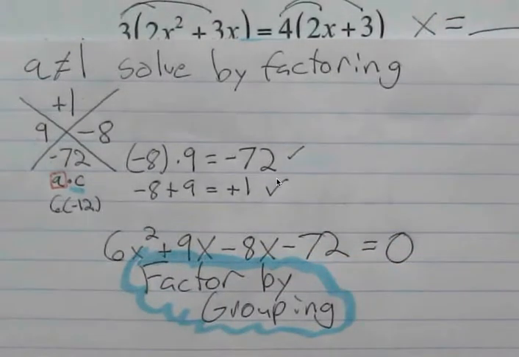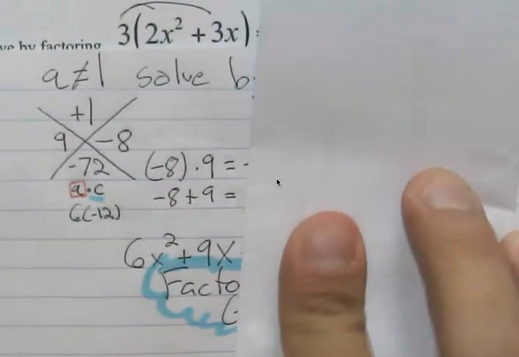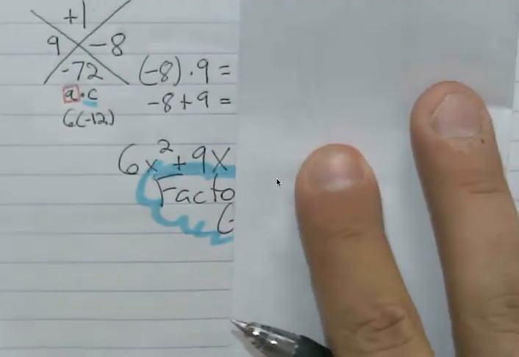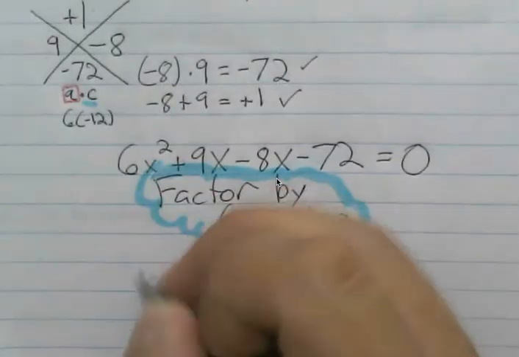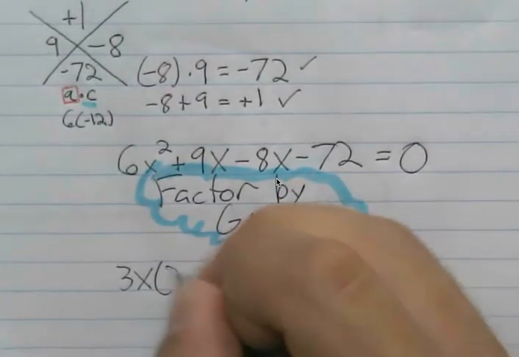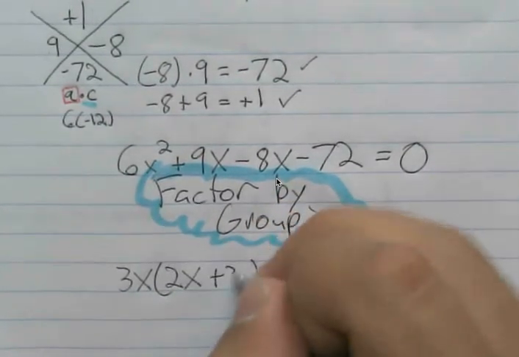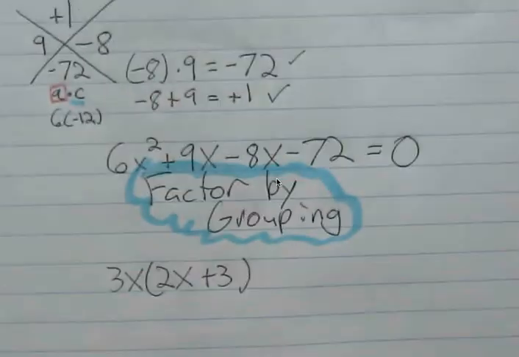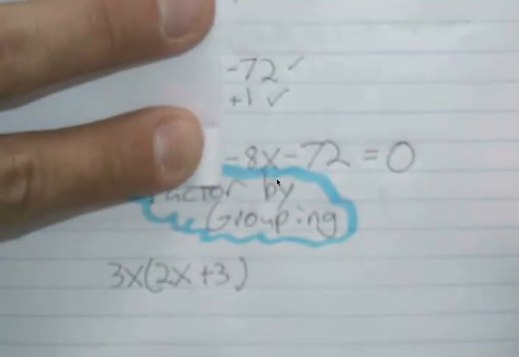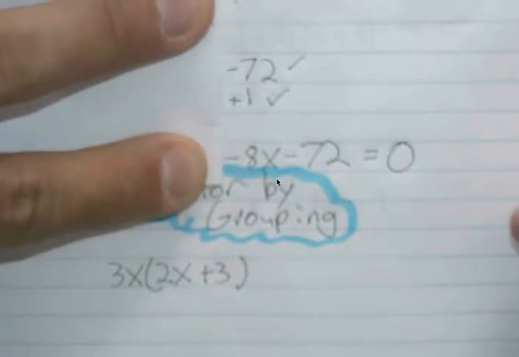If we look at the first two terms, we have 6x squared plus 9x. So the greatest common factor there is 3x. So we'll factor that out, leaving us in parentheses with 2x plus 3. For the second set of terms, we have negative 8x minus 12.